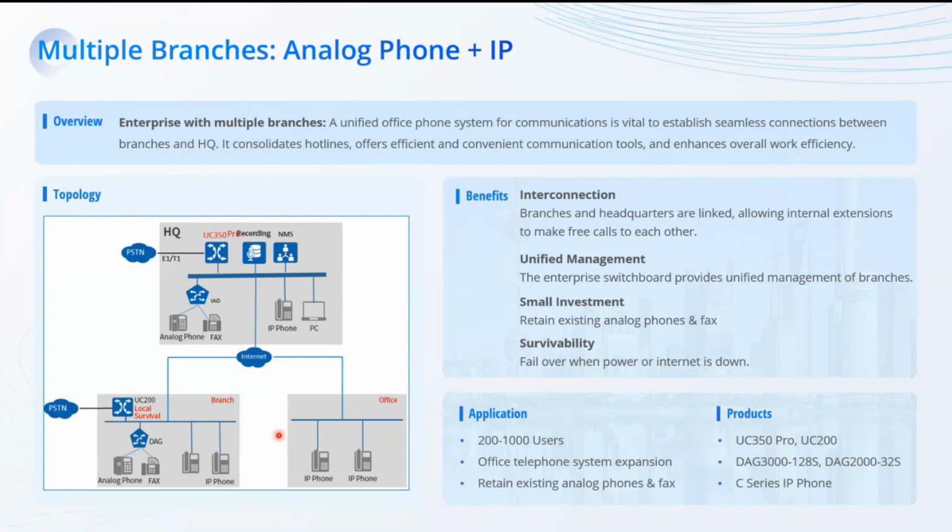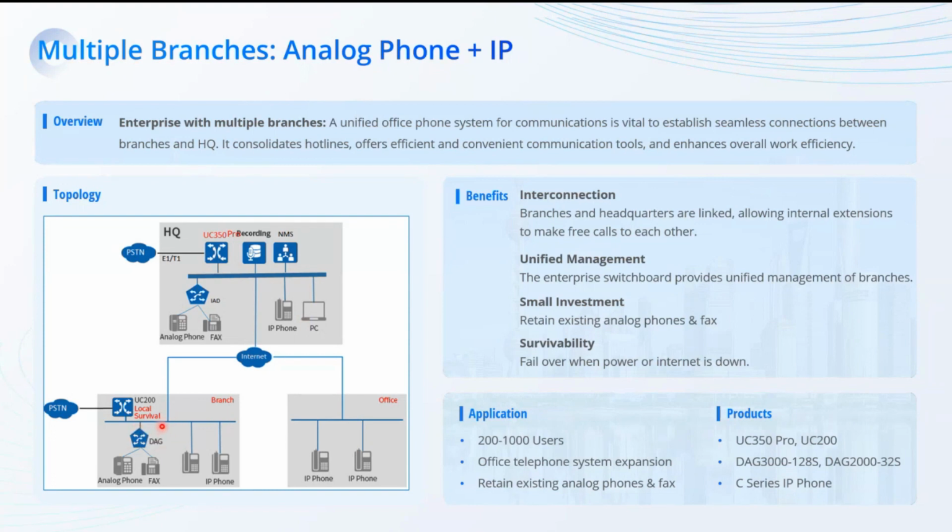Nowadays, most companies, maybe global companies, create a lot of offices in different locations, in different countries or areas. So we can use our PBX pure version and integrate with the branch offices.